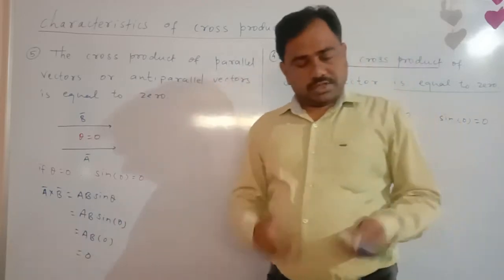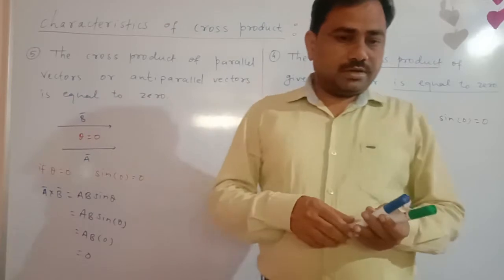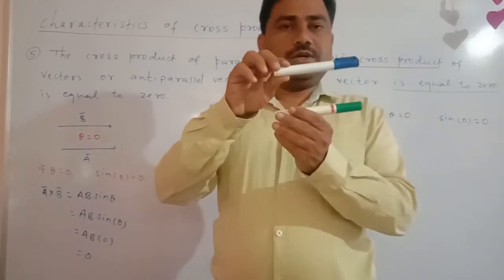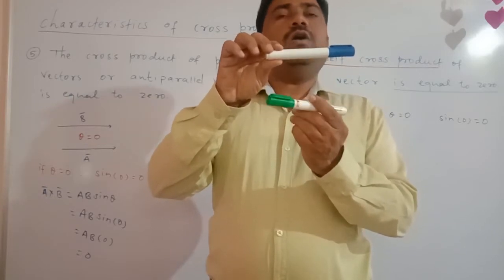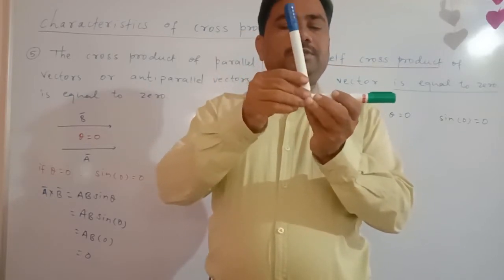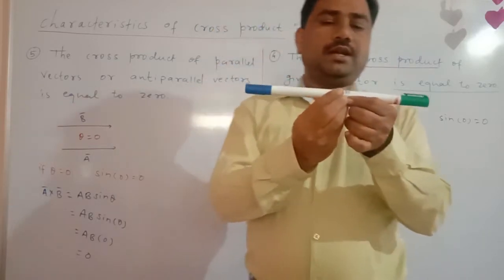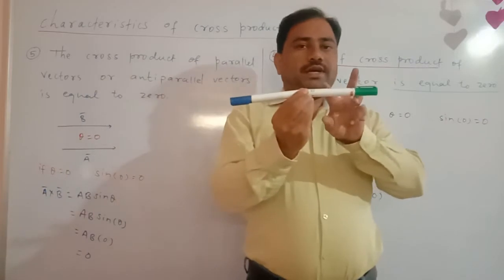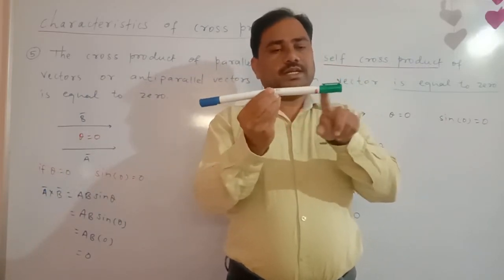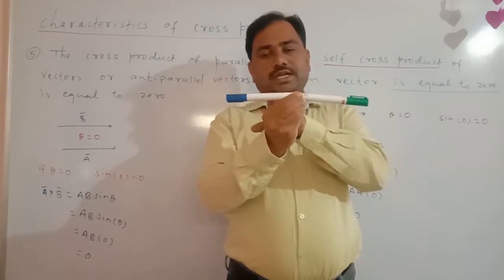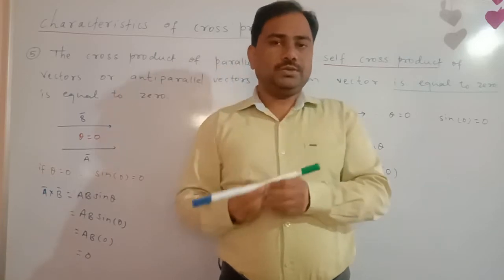Now this is about the parallel vectors. Now what happens in case, instead of parallel, the two vectors are anti-parallel to each other like this? Such vectors are anti-parallel because they are acting in different directions, or we can say exactly opposite directions. The vector has direction, so the directions of these two vectors must be opposite to each other.